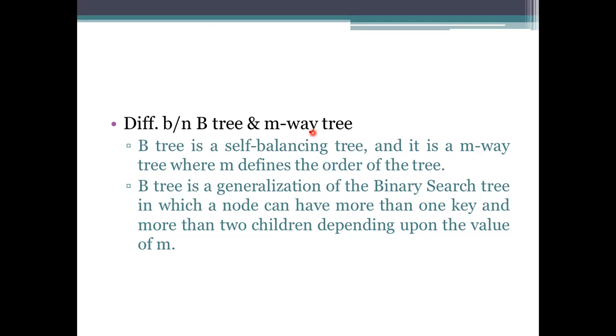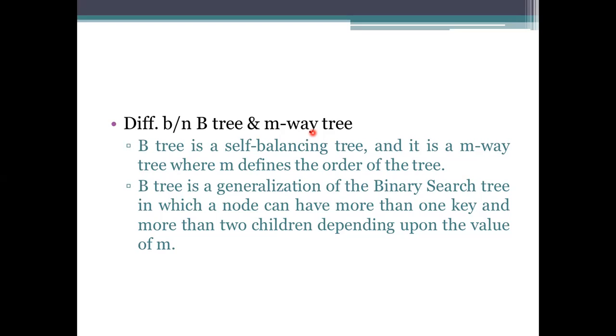We may use two-way, three-way, or mostly M-way, where M equal to infinity is also considered. So it allows many values. It is not restricted to a root node pointing to only one key element, or only two elements.